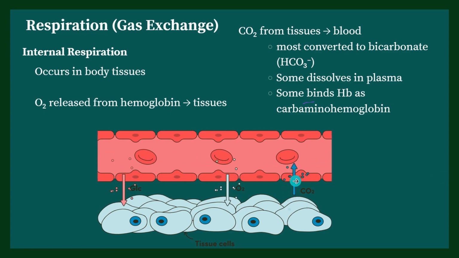About 20% of it will attach to the hemoglobin as what they call carbaminohemoglobin. But the rest of it is converted into bicarbonate, which is HCO3, which dissolves into the plasma of the blood and can be taken out of the body that way.